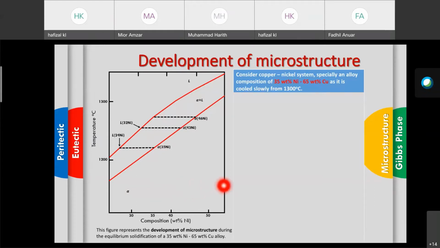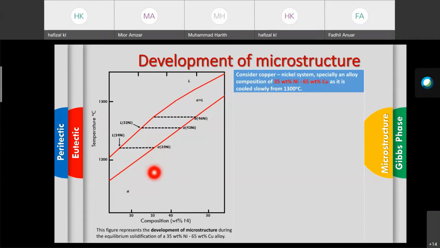From there we can see what will happen at the point at 1300 degrees Celsius, at 35% nickel and the rest, 65% copper.